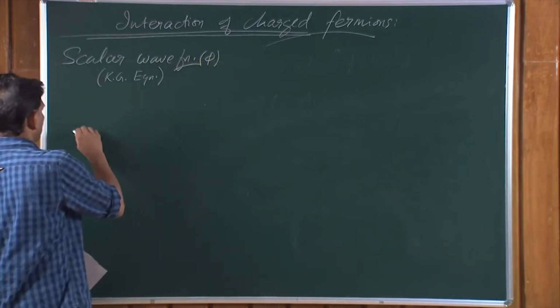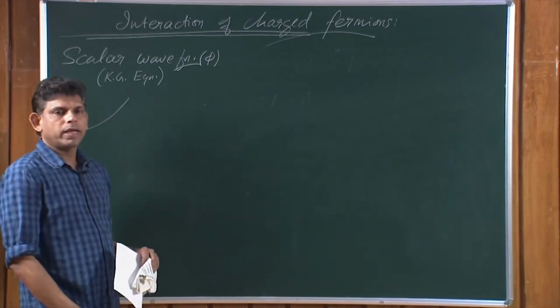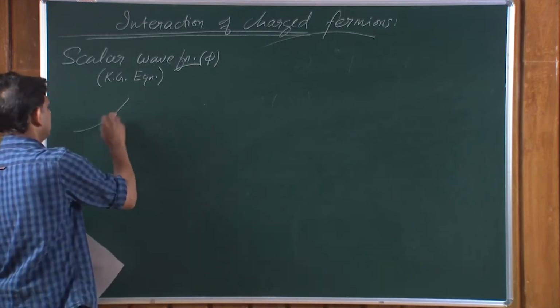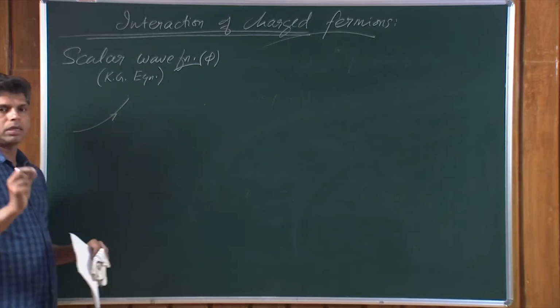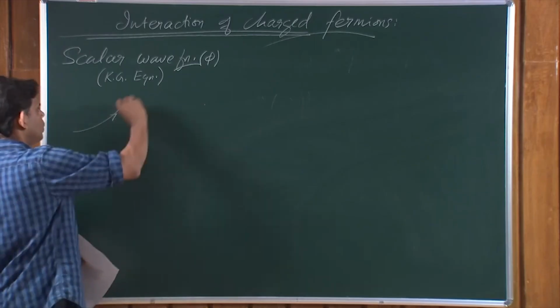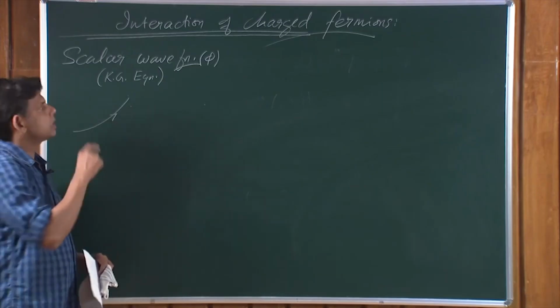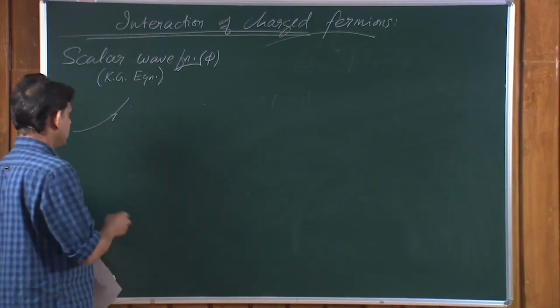Now, when a current of this phi, a phi particle represented by phi moves, that can be thought about as current. By the way, complex scalar particle represents the charged scalar particle. Okay.